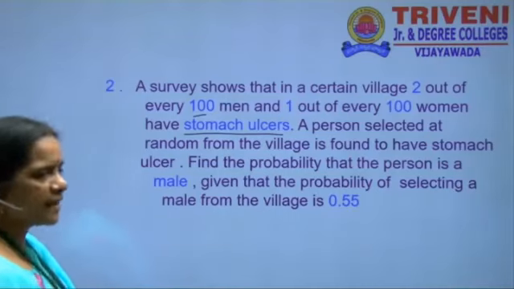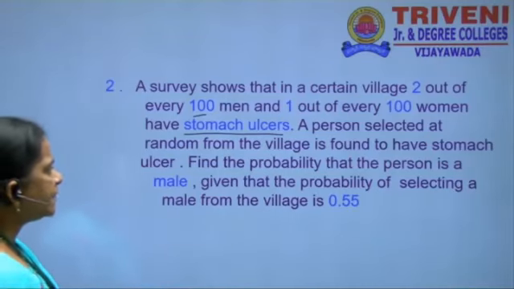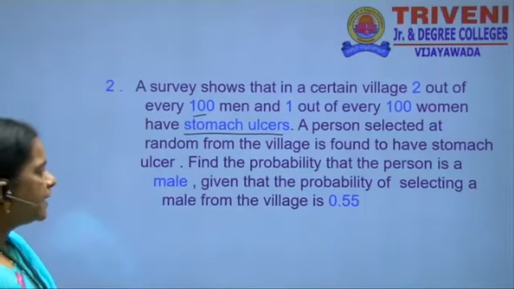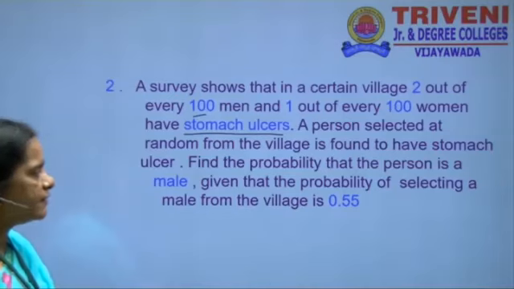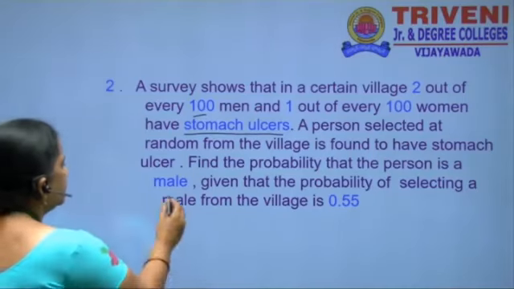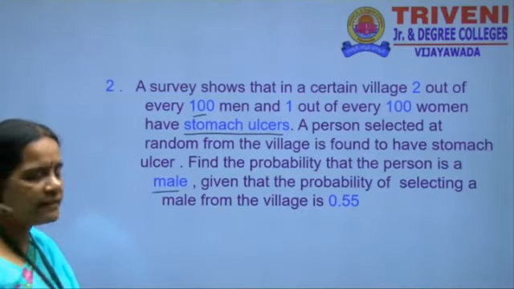A person is selected at random from the village and is found to have a stomach ulcer. We have to find the probability that the person is a male.